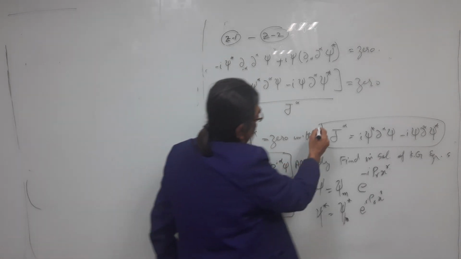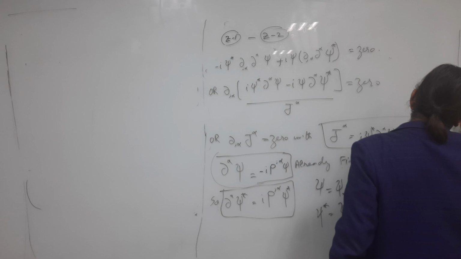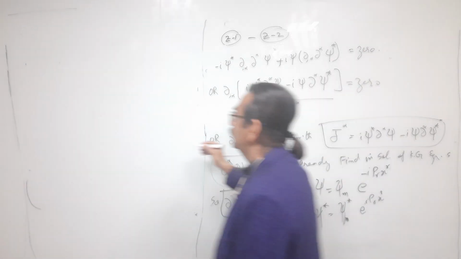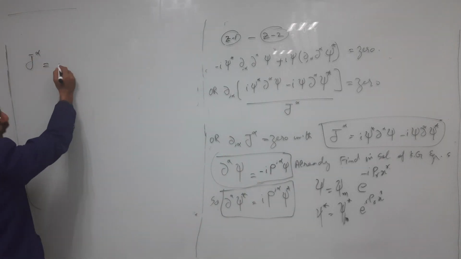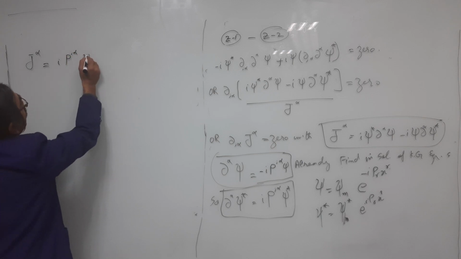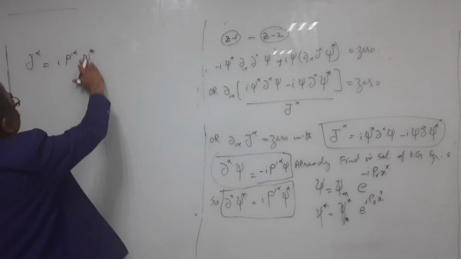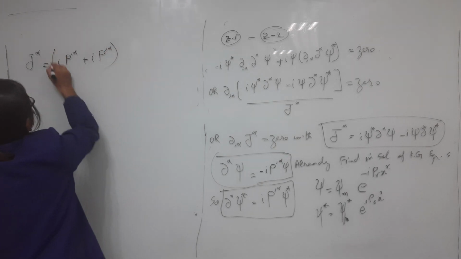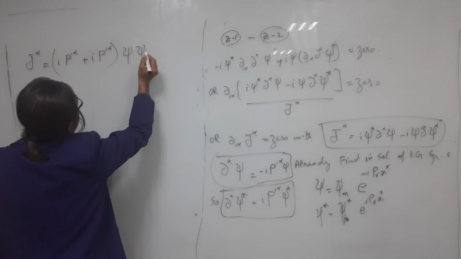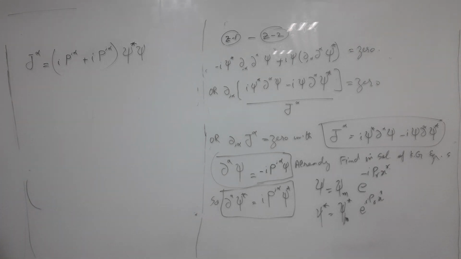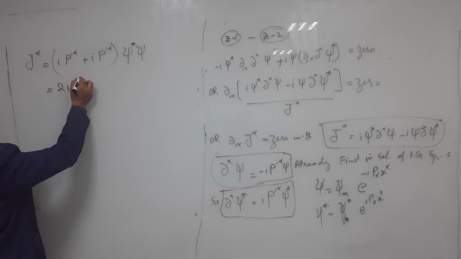So what is the name of this? J alpha will be equal to iota E alpha psi into psi star, 2 iota P alpha.